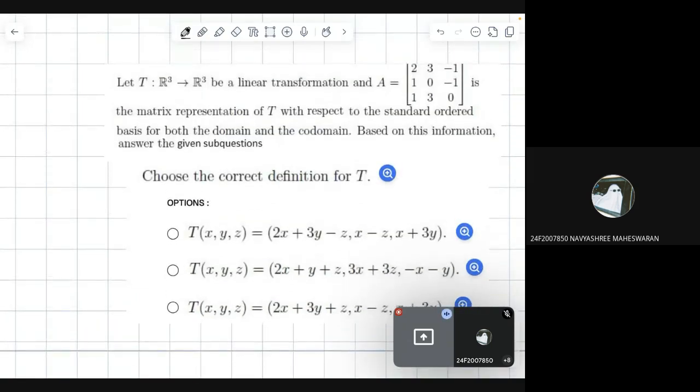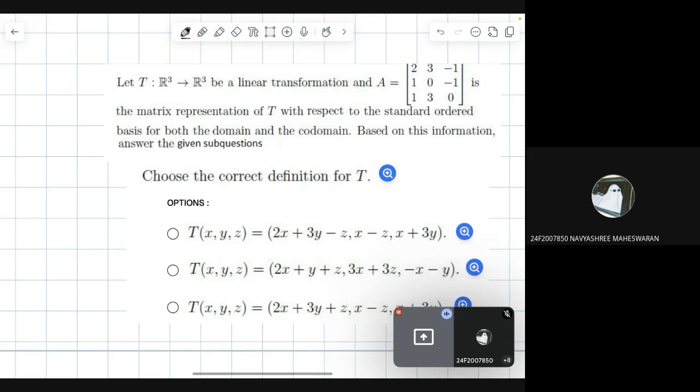So let T from R3 to R3 be a linear transformation, and A is equal to 2, 3, minus 1, 1, 0, minus 1, 1, 3, 0 is the matrix representation of T with respect to the standard ordered basis.